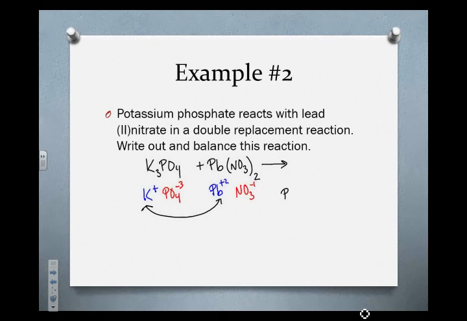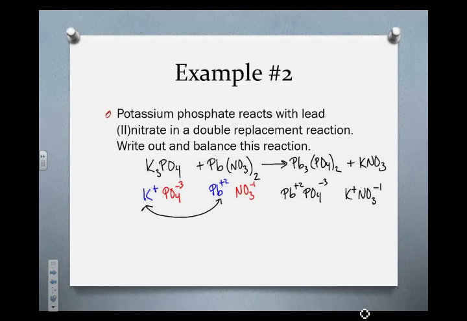So if I have a lead with a +2 charge paired with a phosphate with a -3 charge, then I need 3 leads and 2 phosphates to make the compound neutral. On the other side, I'll be pairing up potassium with a +1 charge and nitrate with a -1 charge, and so I just need one of each.